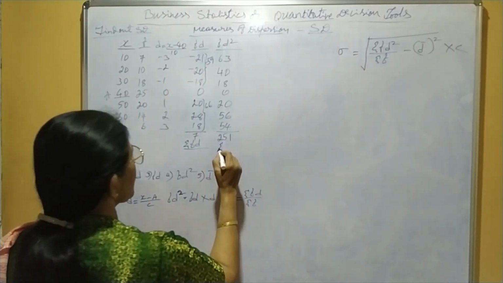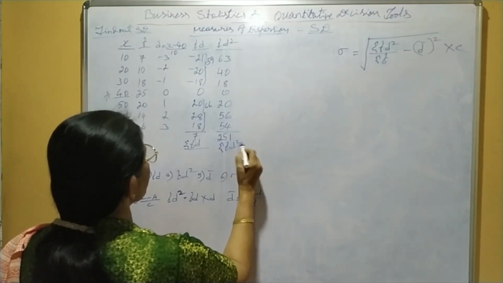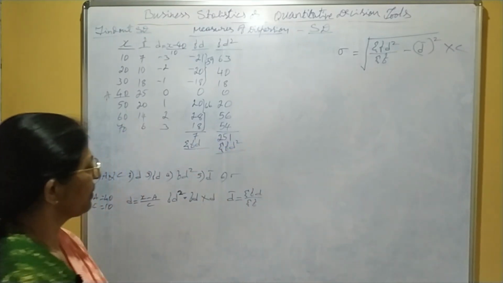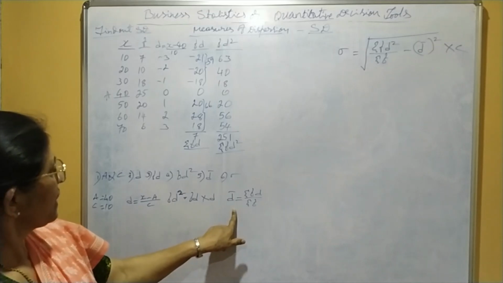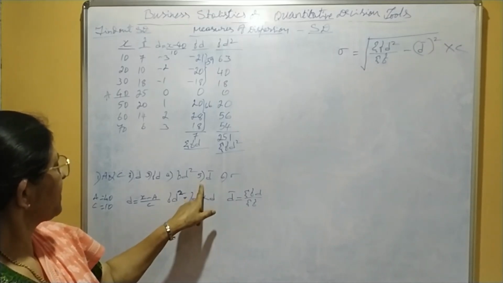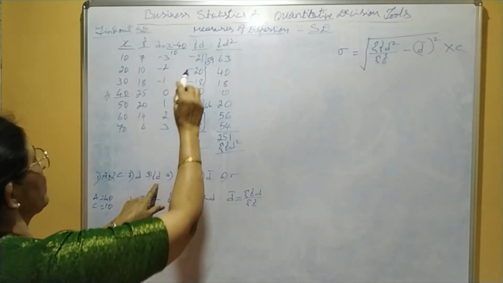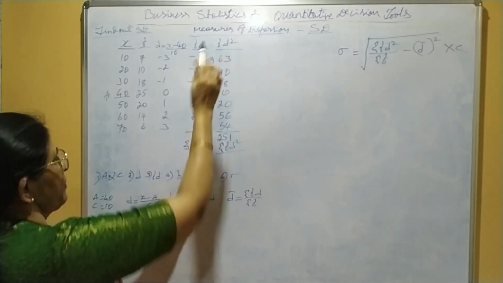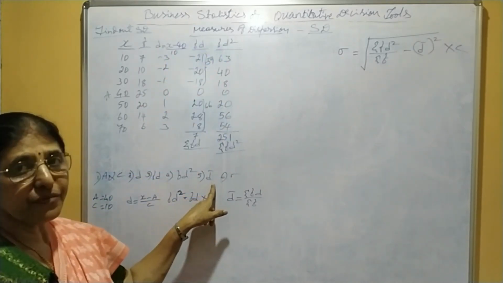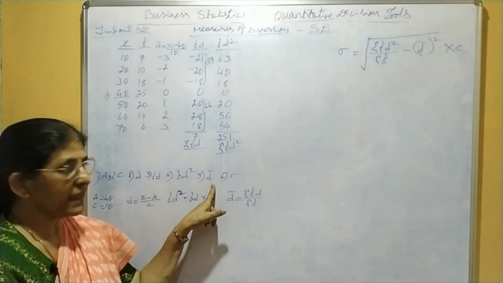Okay. It is sigma FD square. Okay. Now, next we have to apply. Fifth step is, now first one A and C over, second D is over, third FD, fourth FD square is over. Now, fifth step we have to calculate D bar.